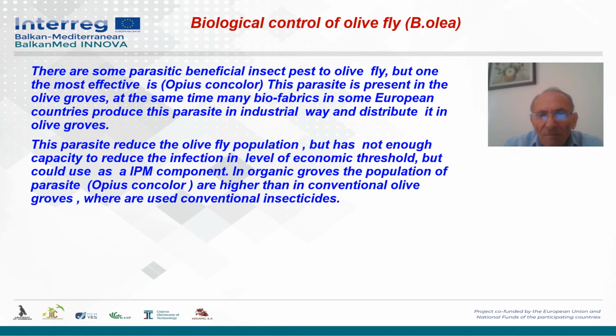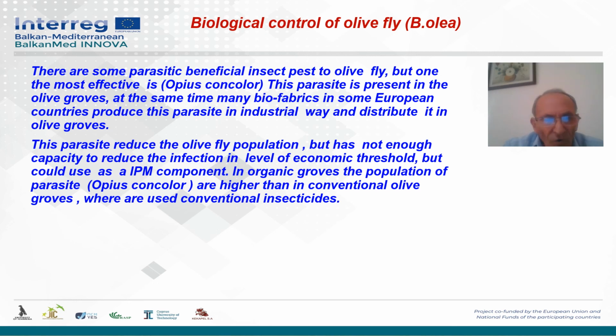At the same time, many biofactories in some European countries produce this parasite industrially and distribute it in olive groves. This parasite reduces the olive fly population, but has not enough capacity to reduce the infestation to the level of the economic threshold, but it could be used as an integrated pest management component.